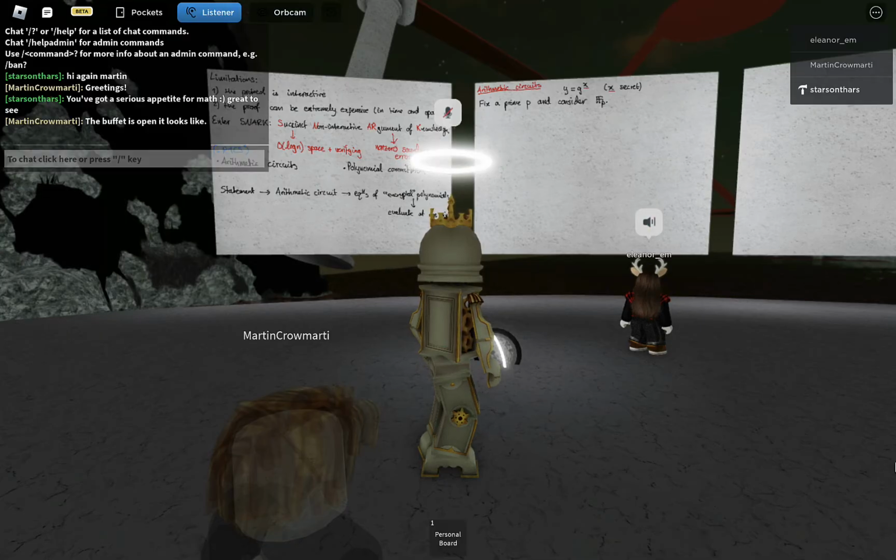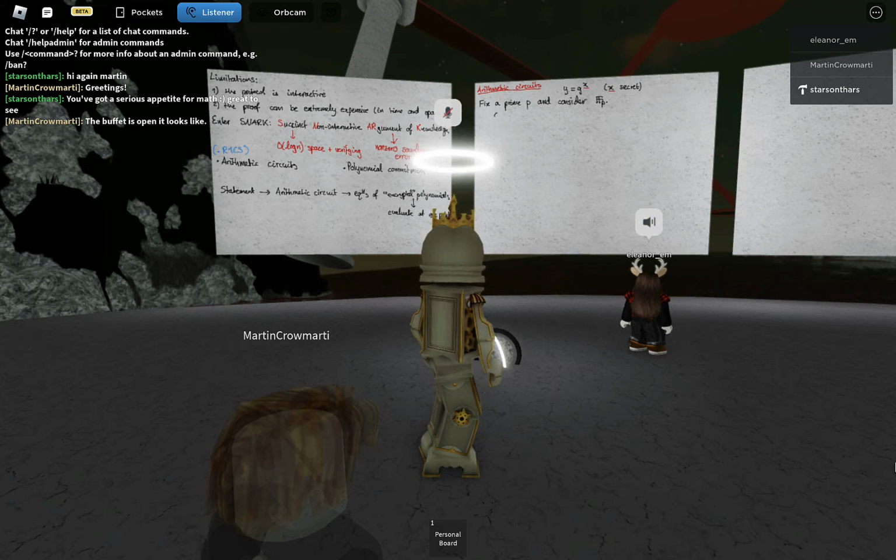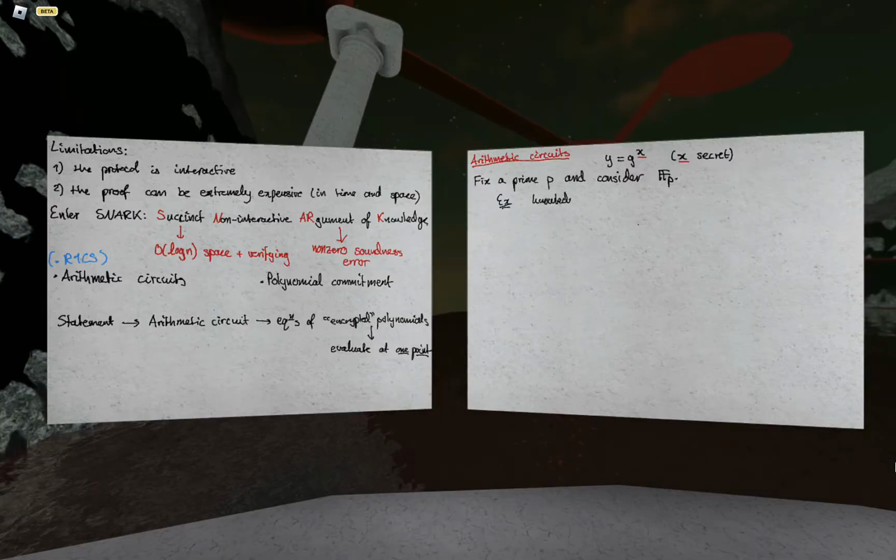So our running example is that we may wish to prove knowledge of a few variables, C1, C2, C3, such that, say, C1 times C2, these are in the field, times C1 plus C3 equals 7.